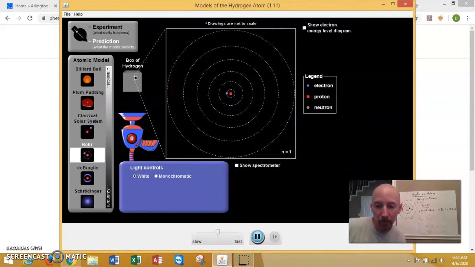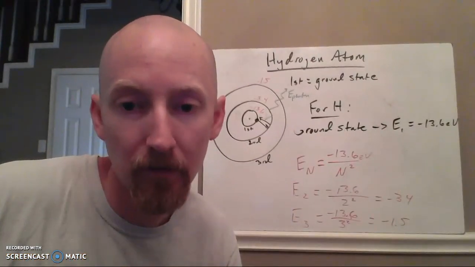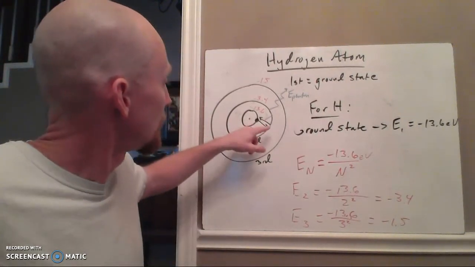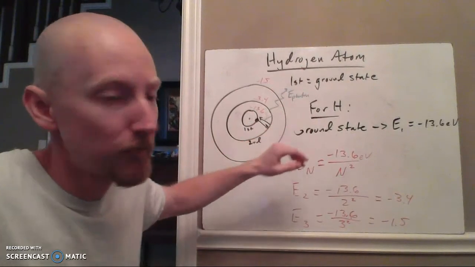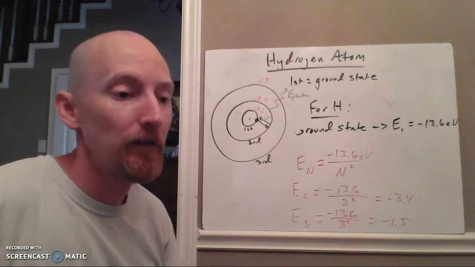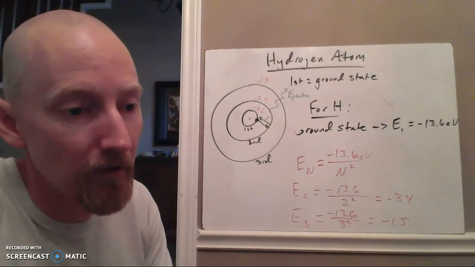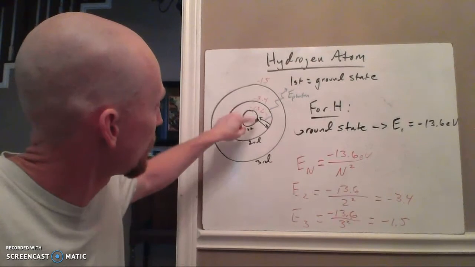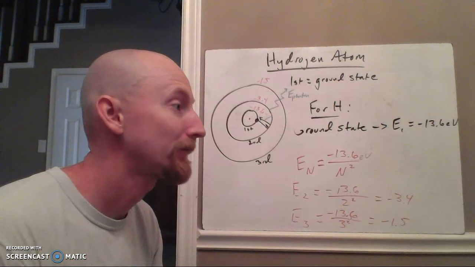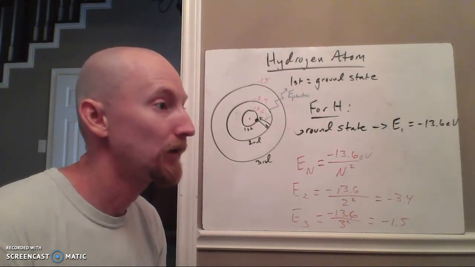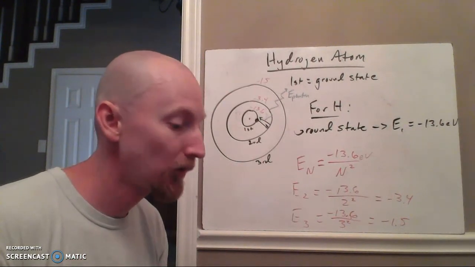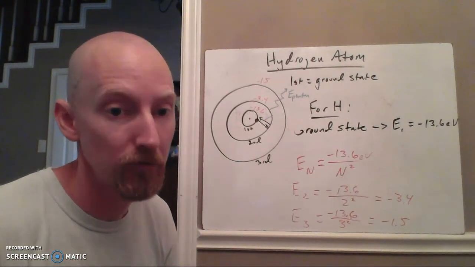Now, the thing I wanted to talk to you about is, why is it that when this thing jumps up and then jumps back down, it gives off a little photon? Why do all these energies have negative values? The answer, as I was saying, is it's like being in a hole. On the first energy level, it's like you're at the bottom of this hole and you have to jump out. Let's say it takes you 1,000 joules.